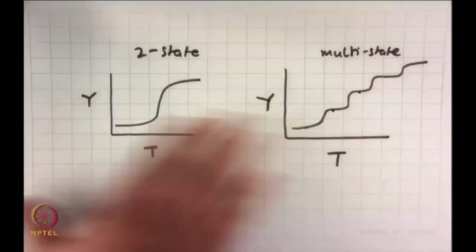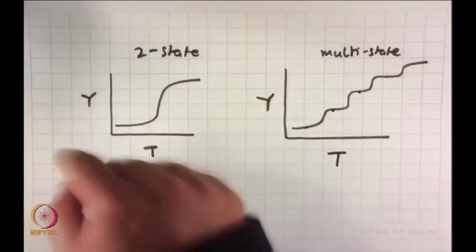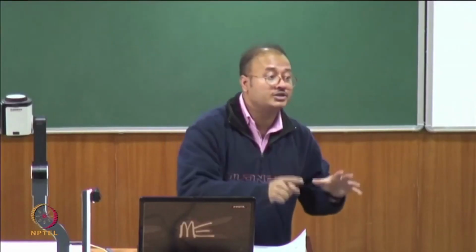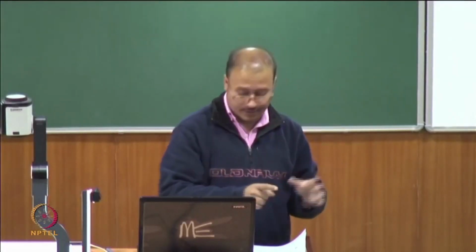However, if y is behaving as in the two-state model, that means you do not have any other transitions, you can say okay, there is a possibility of this being a two-state model, but you cannot say that it will be a two-state model. Why?